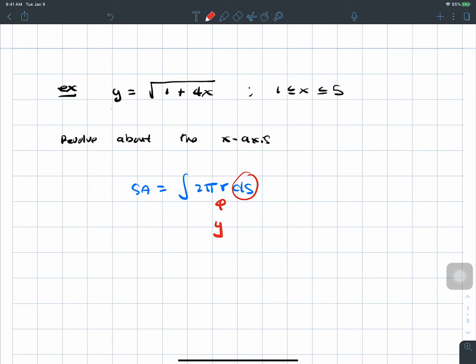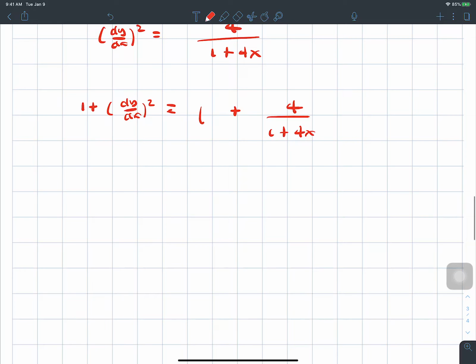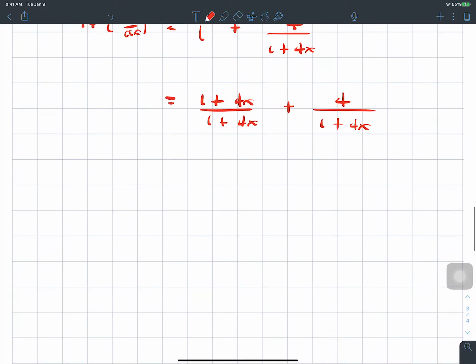Let's just keep that same color. So here's 1, replace this with 1 plus 4x over 1 plus 4x plus 4 over 1 plus 4x. And we end up with 5 plus 4x. And this is 1 plus y prime squared, where that's dy dx.